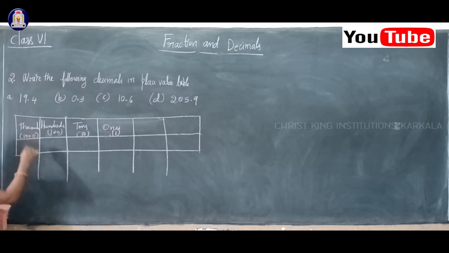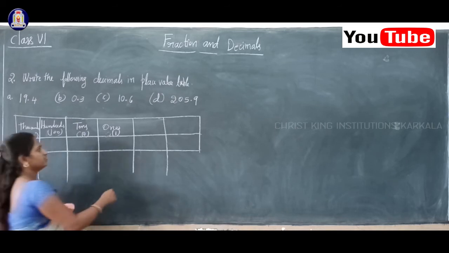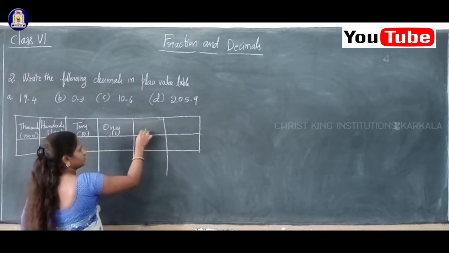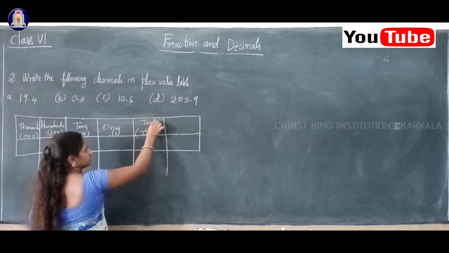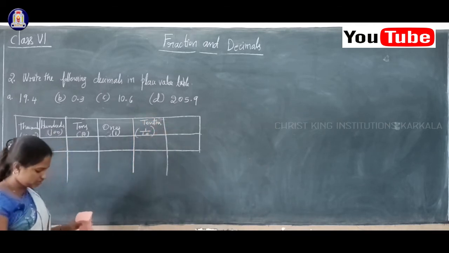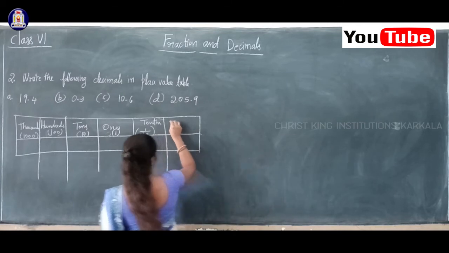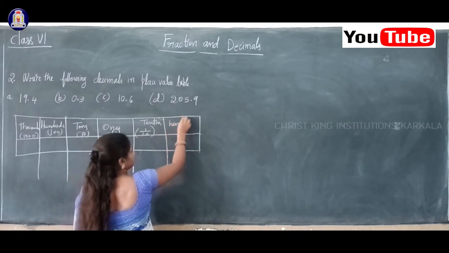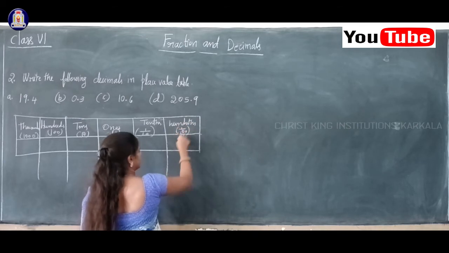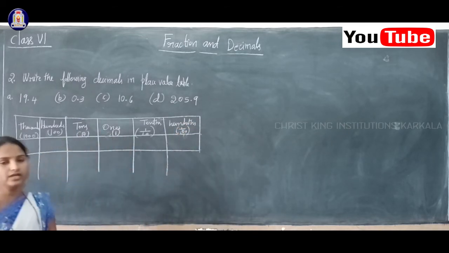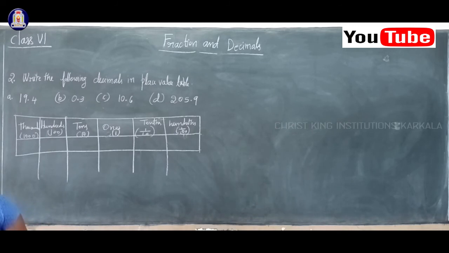Next, after ones we can write 1 by 10, that is the tenths place. Next I can write hundredths, which means 1 by 100. Now the first one: write the following decimals in a place value table.